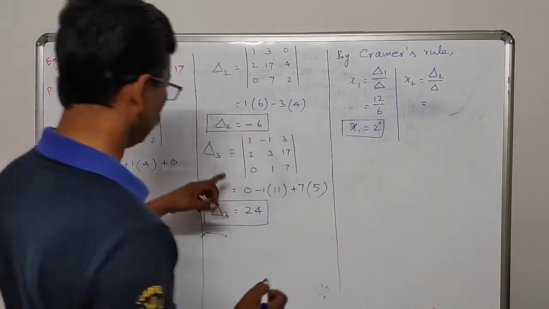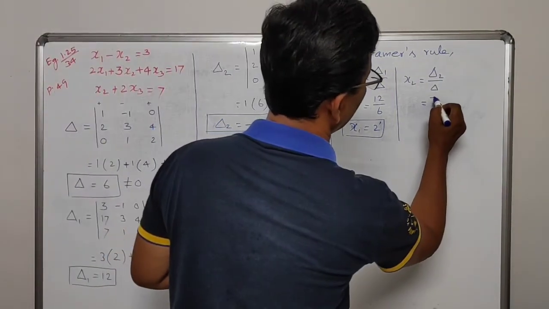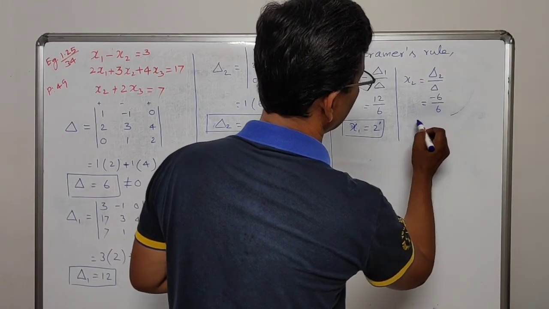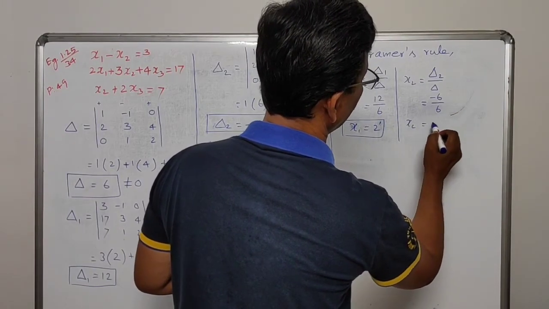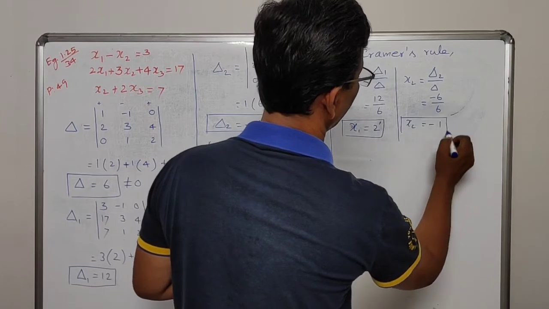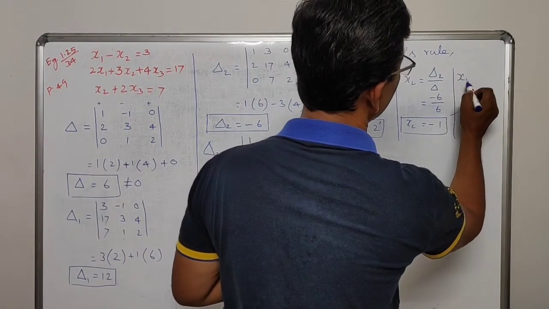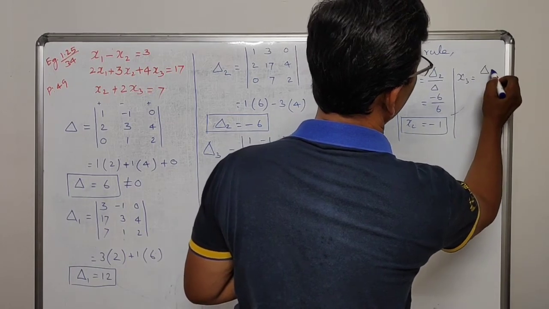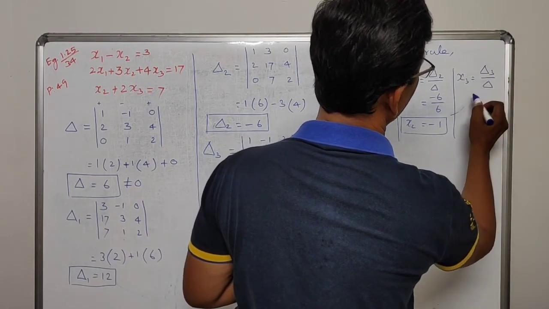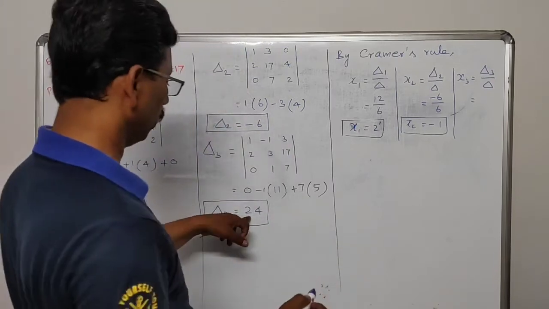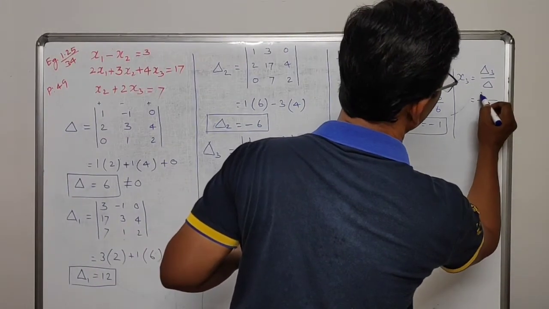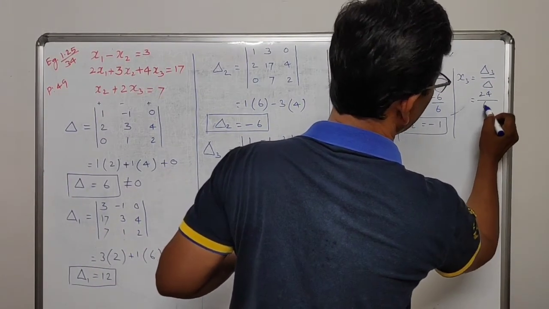Here delta 2 value is minus 6, minus 6 by 6. Therefore x2 equals minus 1. Then we go for finding x3. x3 equals delta 3 by delta, that is 24 by 6.